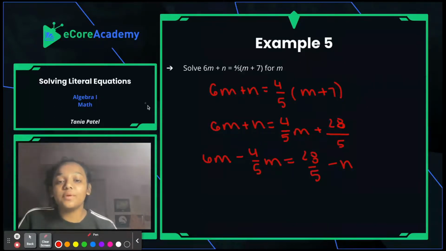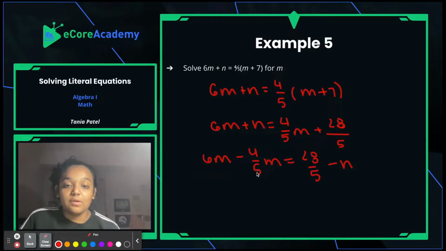But from here, like we did in the previous example, we have to further simplify this and find a common coefficient between these two terms so that we can isolate the variable m. We know that we can pull an m out here.